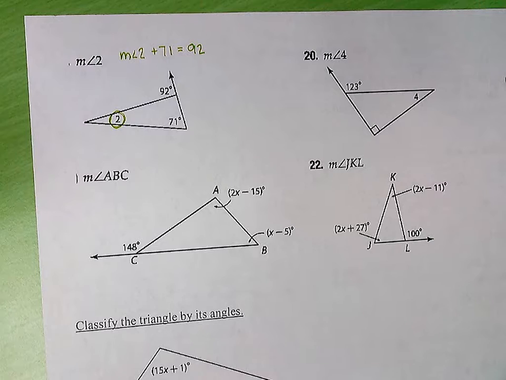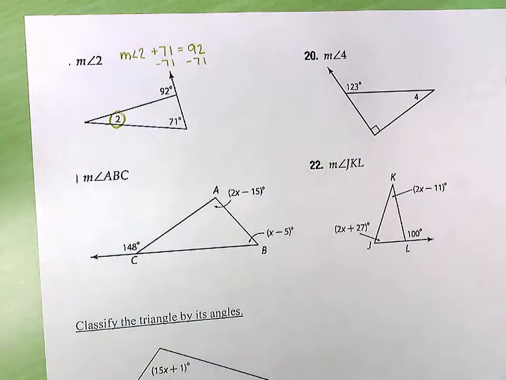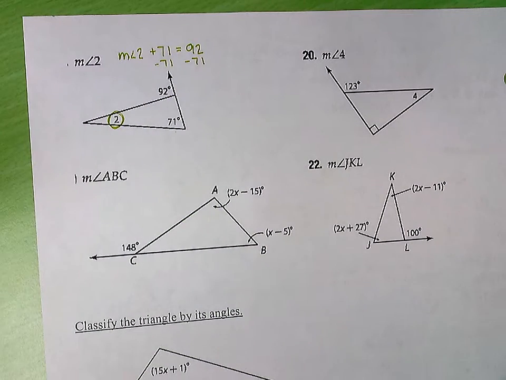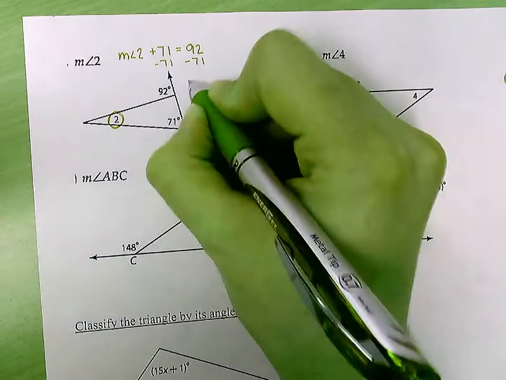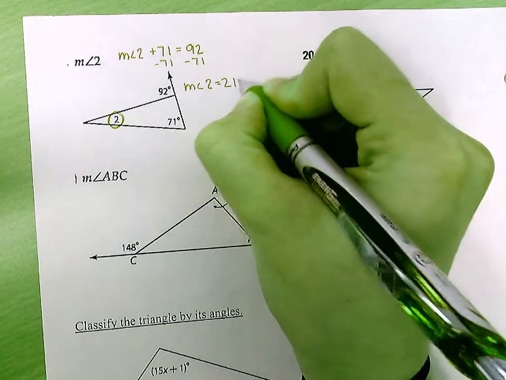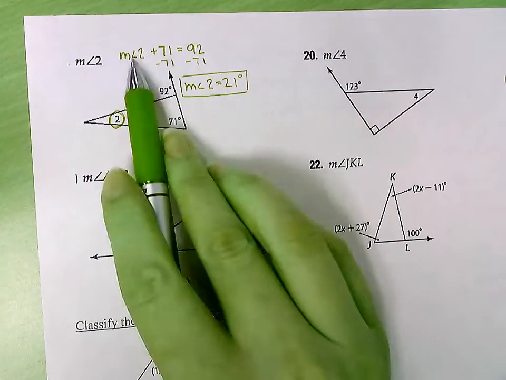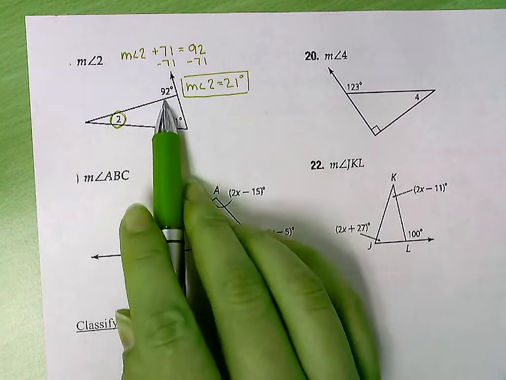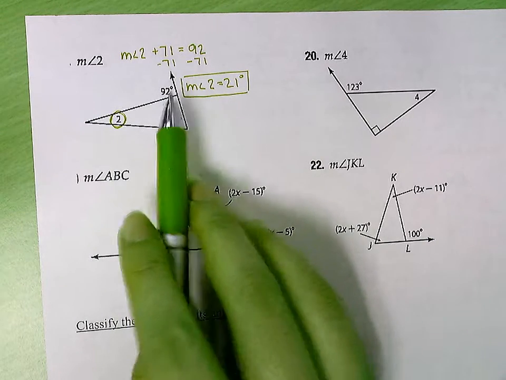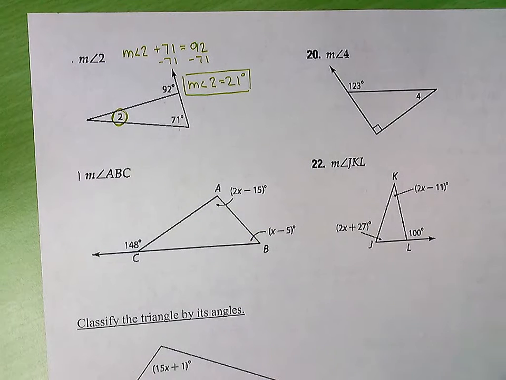I just want to solve for the measure of angle 2, so you'll subtract 71 from 92. So the measure of angle 2 is equal to 21. If you don't need to set it up like this, and you just know I can take that exterior and subtract one of my remote interiors to get the other, that's fine too.